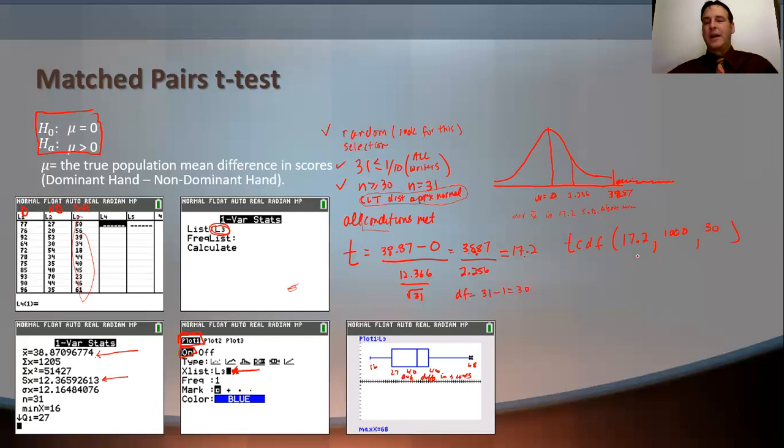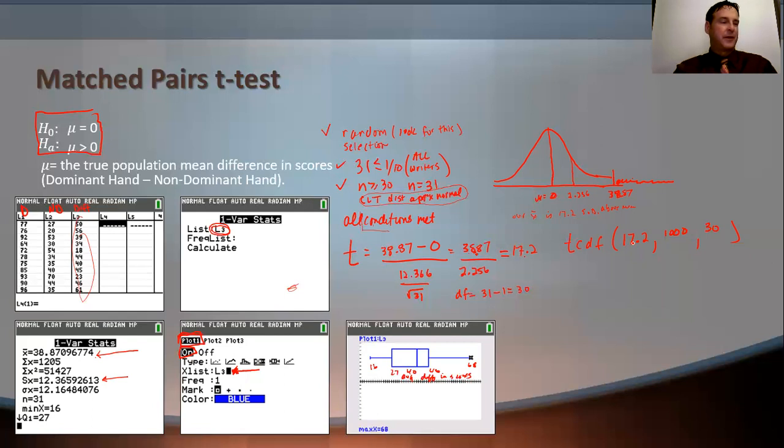Again, this is a super large test statistic. In fact, usually when test statistics are over 4 or 5, you know that when you finish these problems, it's probably going to give you about a value of 0. But I'll do a second tcdf just real quick, because this is kind of handy. 17.2 and then 1,000, and my degrees of freedom is 30.